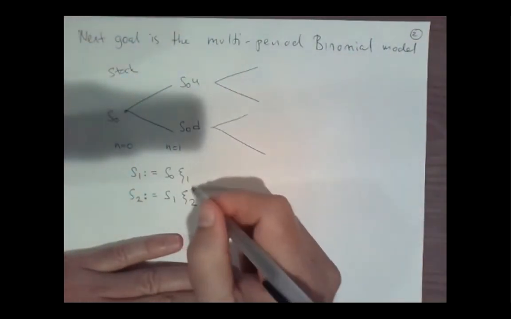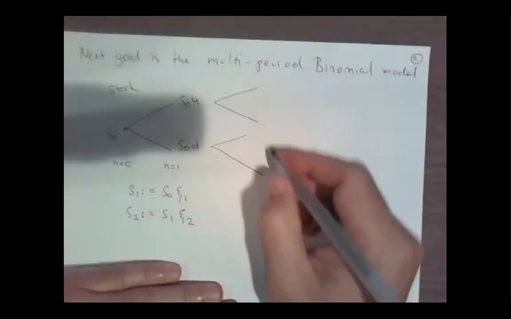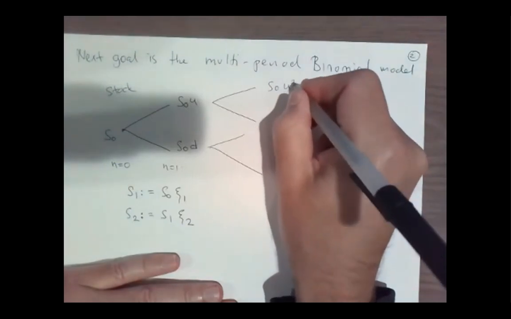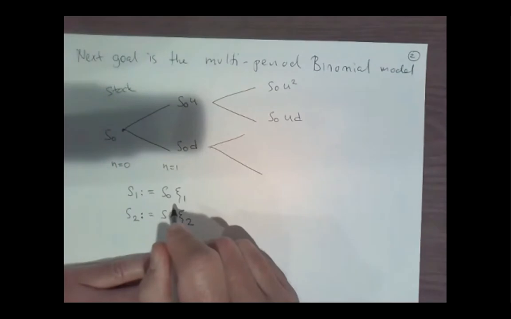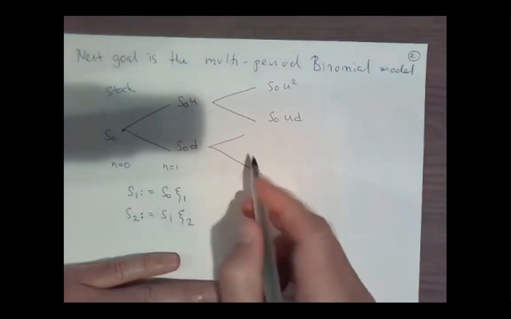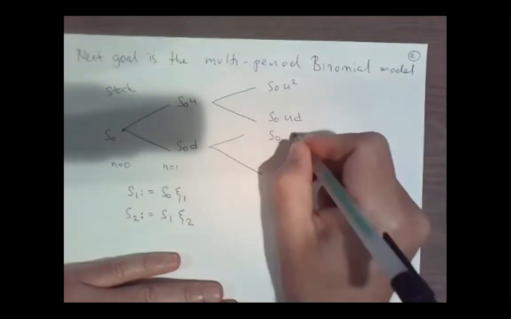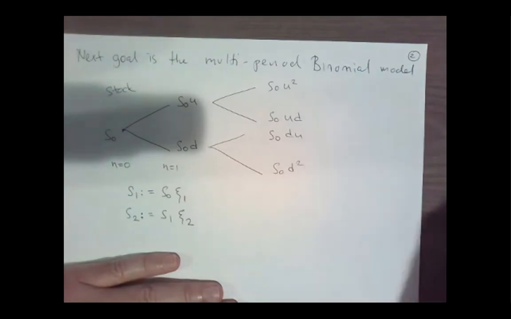If we assume the psi all take values u and d, then we could go up to S0 u squared, or S0 ud. If we go down, then we can go up or down, so we get S0 du and S0 d squared.